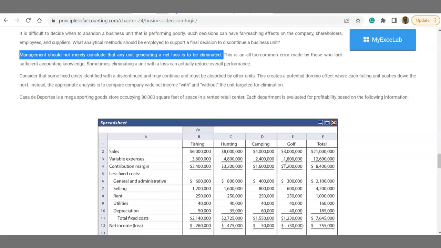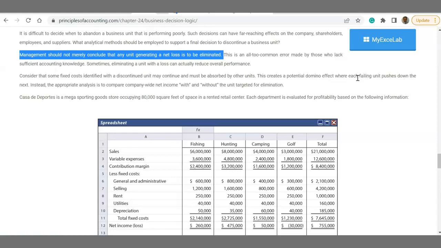I want you to look at this because this is normally what people do. It has a net loss and they eliminate it. Consider that some fixed costs identified with the discontinued unit may continue and must be absorbed by other units. This creates a potential domino effect where each failing unit pushes down the next.